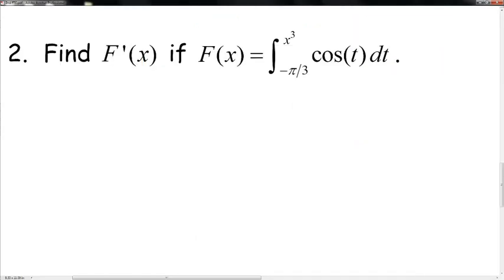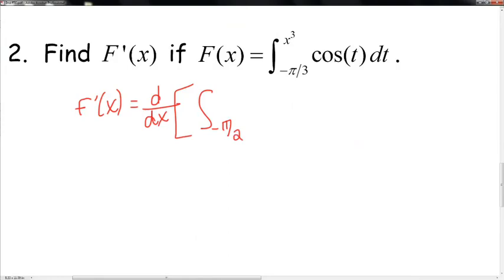Number 2, find f prime of x if f of x is equal to the integral from negative pi over 3 to x to the third of cosine t dt. So f prime of x is equal to the derivative with respect to x of this integral from negative pi over 3 to x to the third of cosine of t dt.